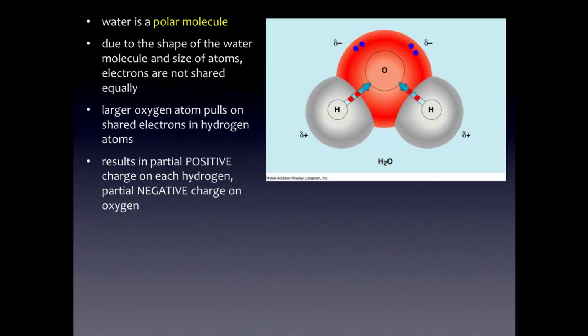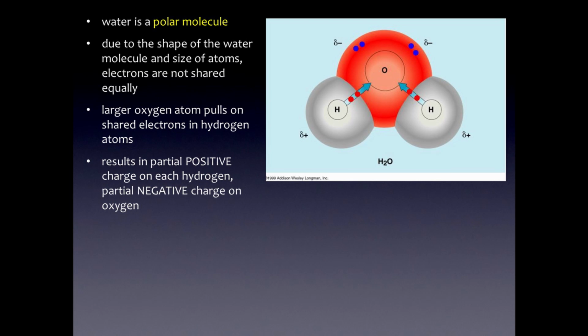So what does the presence of this bent water molecule mean? Well, due to the shape of the water molecule, and due to the huge discrepancy between the size of the hydrogen atoms and the size of the oxygen atom, even though the electrons are shared, they aren't shared equally.